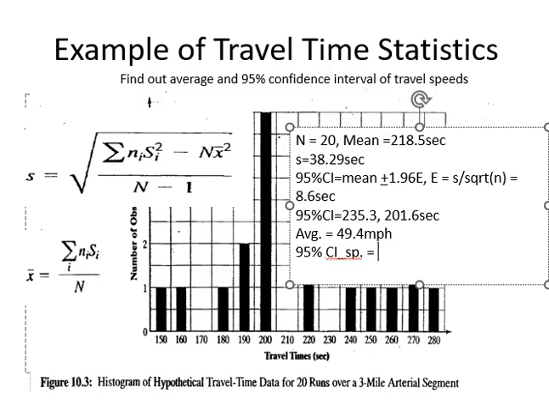The time is in hundreds, and the speed is not even crossing 60. So you cannot take the standard deviation of something in hundreds and use it to calculate something so small. You will get negative answers or speeds more than 100, 200. So we don't do this.